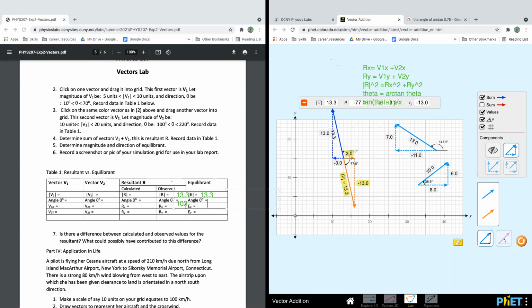So you can use your angle and minus 180 or plus 180. So we minus 180 is minus 77, right? Minus 77.